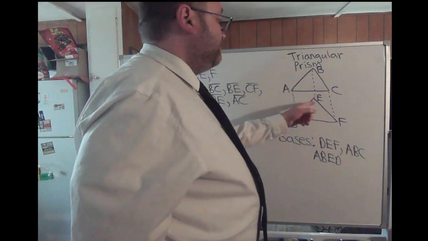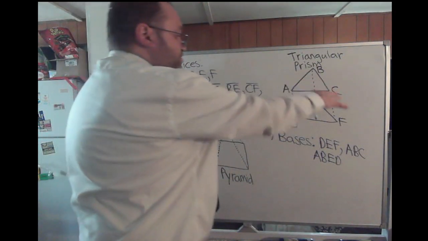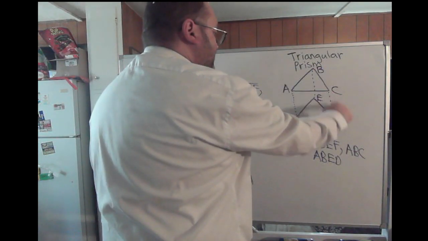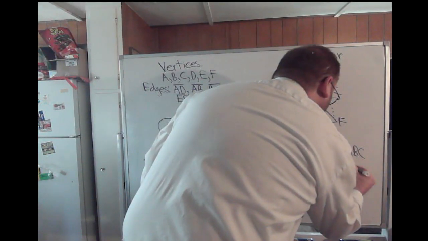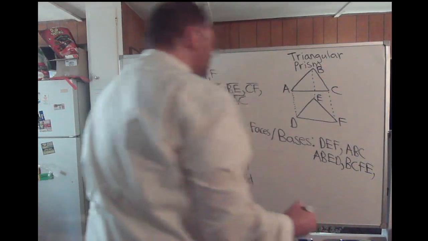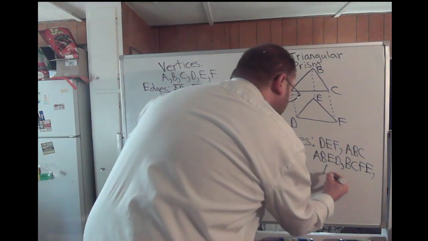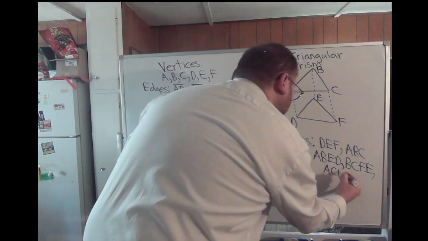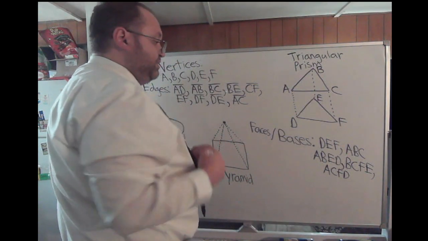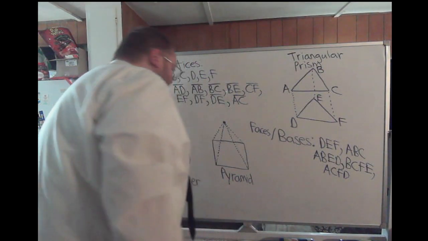So we have A, B, E, and D. We have B, C, F, and E. And then we have A, C, F, D. So those are your bases and your faces, and so we've labeled everything.